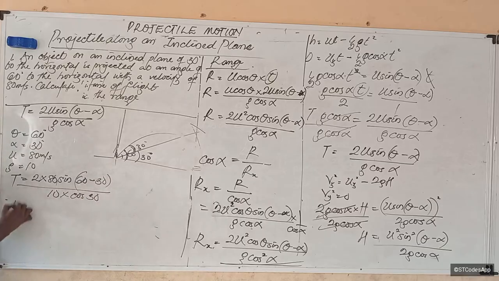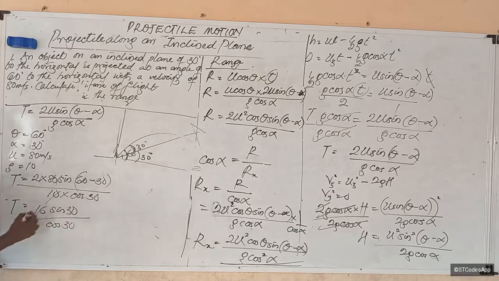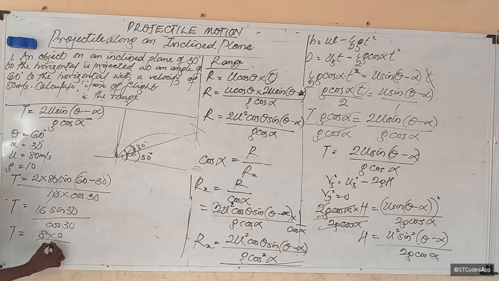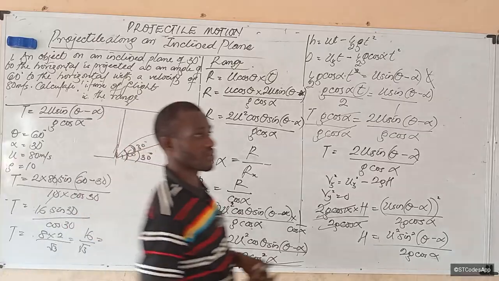So we have T equal to 2 times 80, that's 160, divided by 10. That is 16. Sine of 60 minus 30 is sine 30, that's half. Cos 30 is root 3 over 2. So that becomes 16 times half, that is 8 times 2 over root 3. So that becomes 16 over root 3.